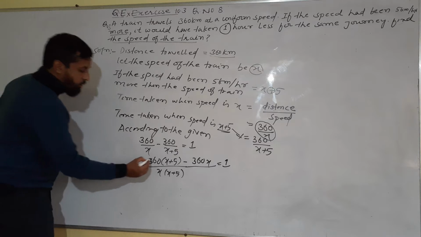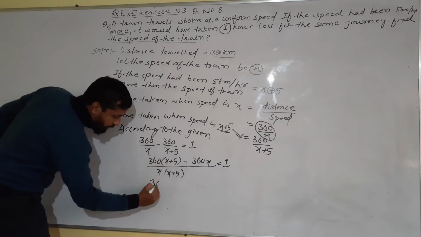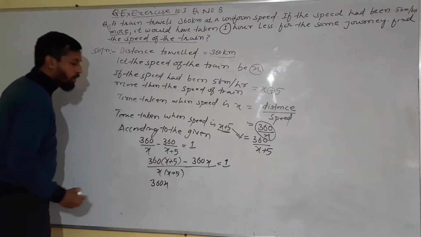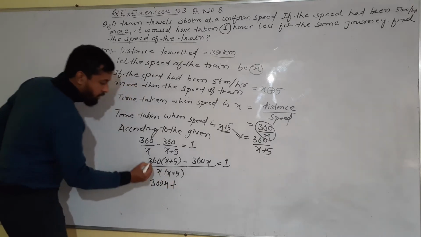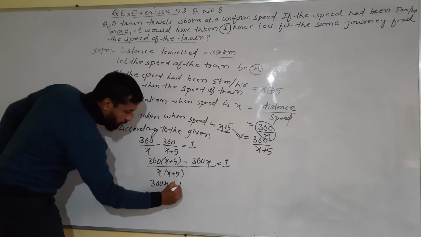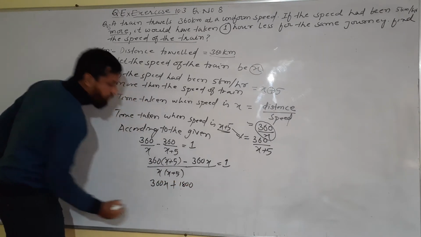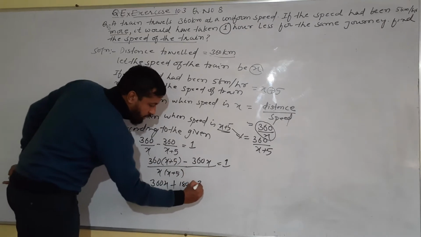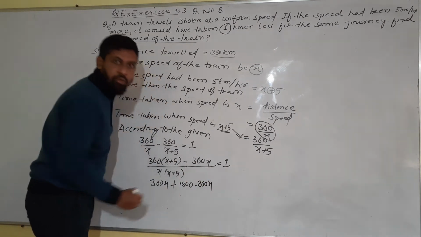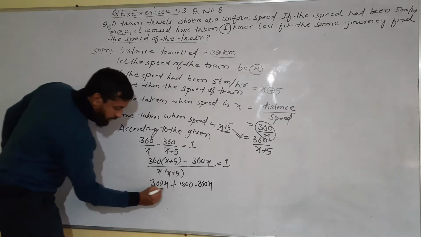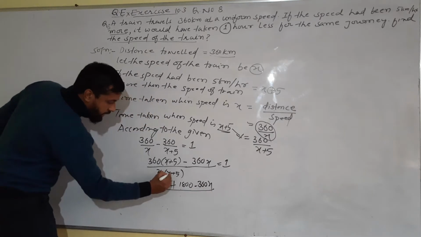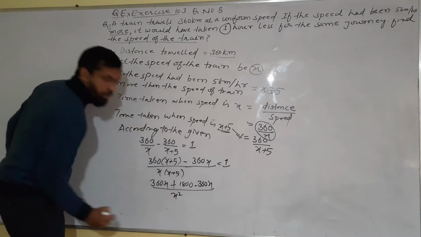Now multiply: 360 into x will be 360x. Then plus 360 into 5 will be 1800. Then minus 360 into x will be as it is, divided by x into x, which is x square.